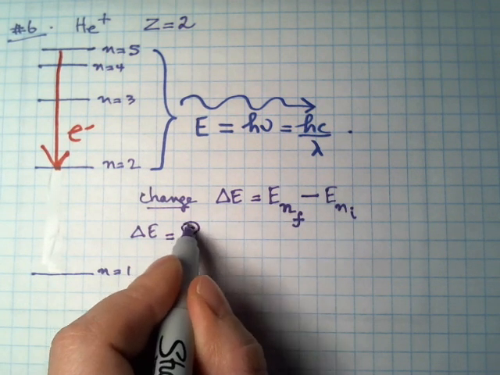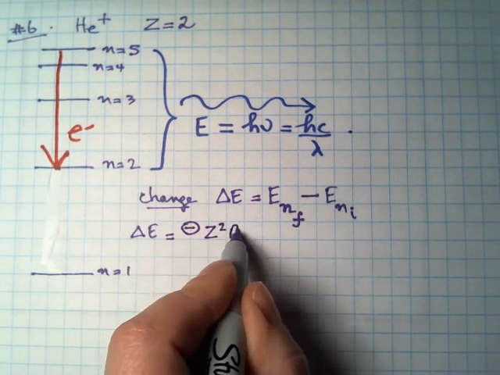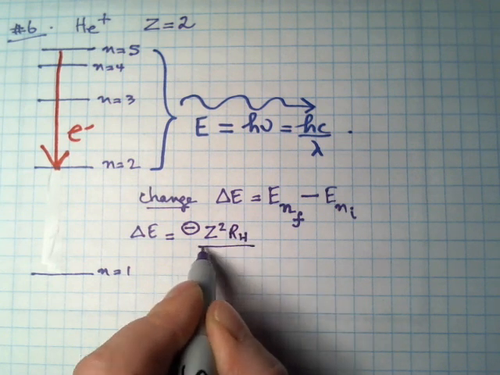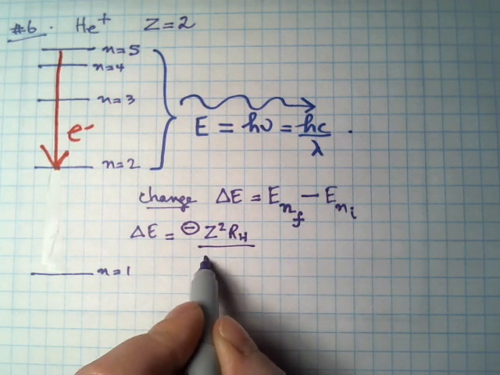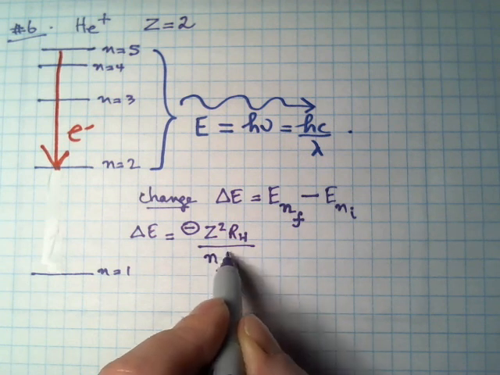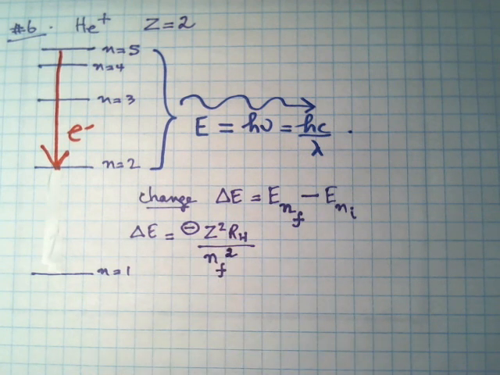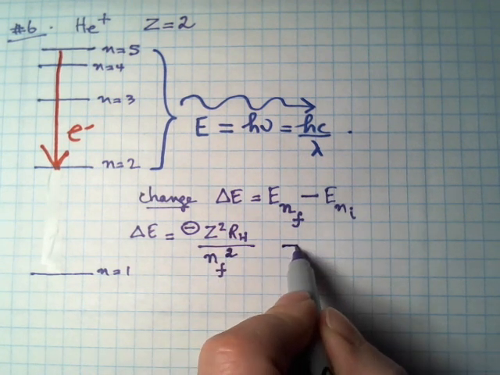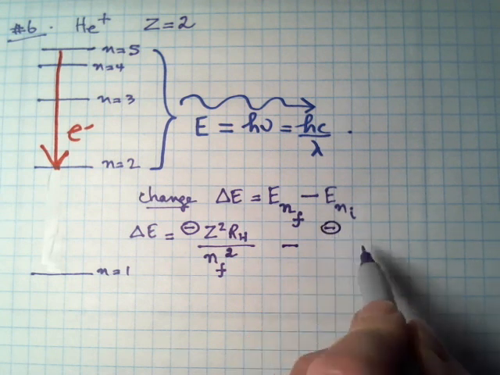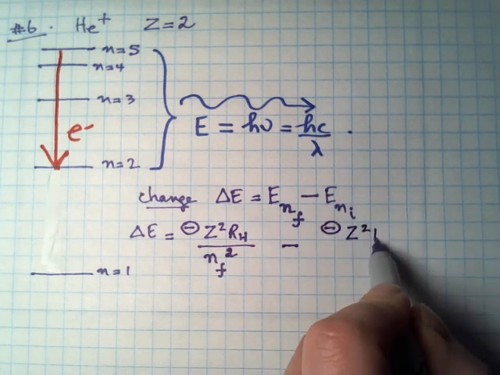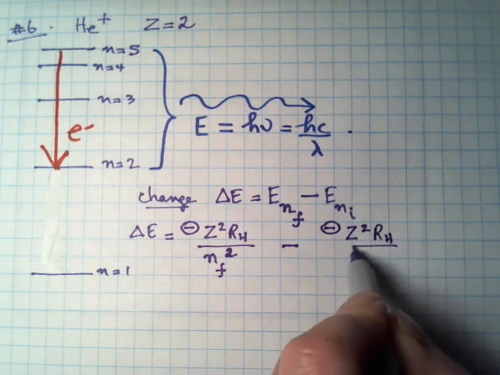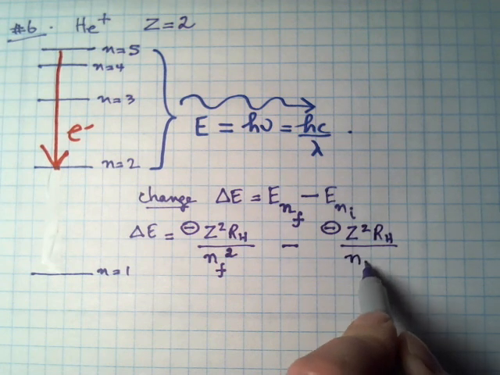I've got that it's equal to a minus Z squared R_H over n squared. But specifically now, I'm talking about that final n squared. And then minus a negative Z squared R_H over n initial squared.